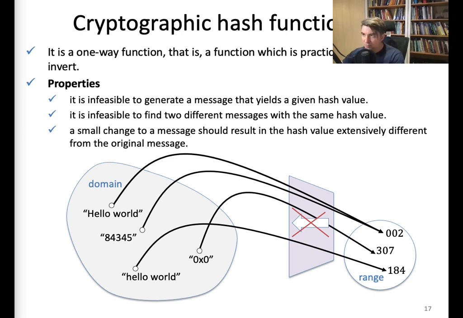A cryptographic hash function is also a one-way function. However, one main difference is that this is a function that's practically infeasible to invert.